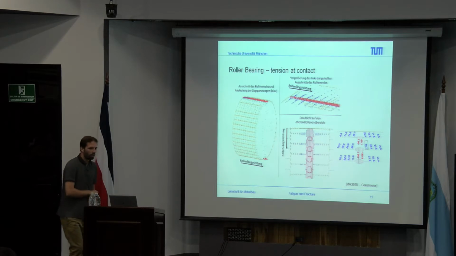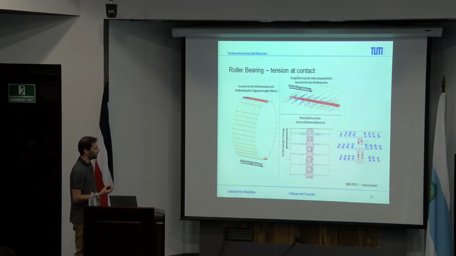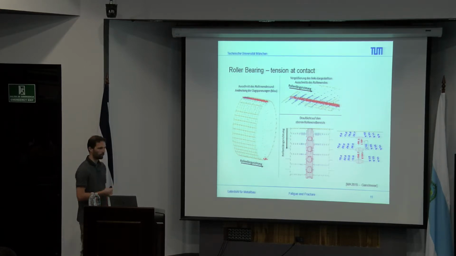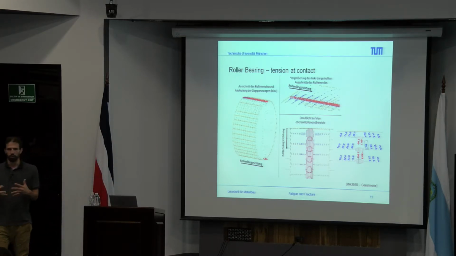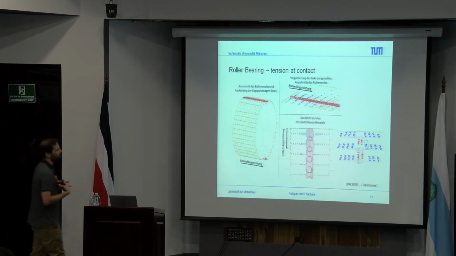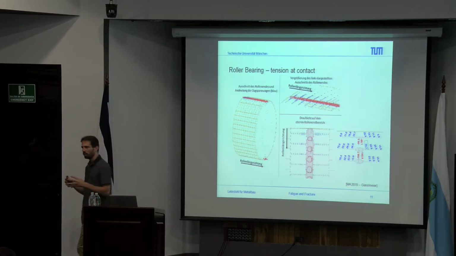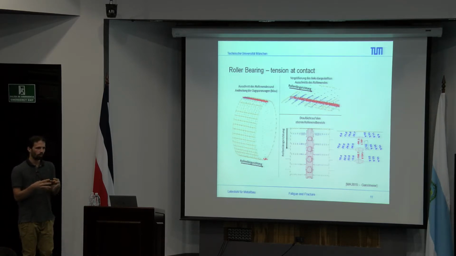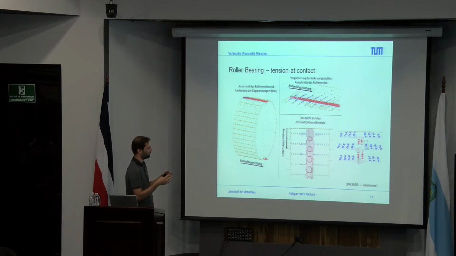But still, why do we have some cracks next to our roller bearing? We said the cracks always appear due to tension information. As you can estimate here, we are loading the bearing, so at first we would assume just pressure on the surface, but also on the bearing itself.